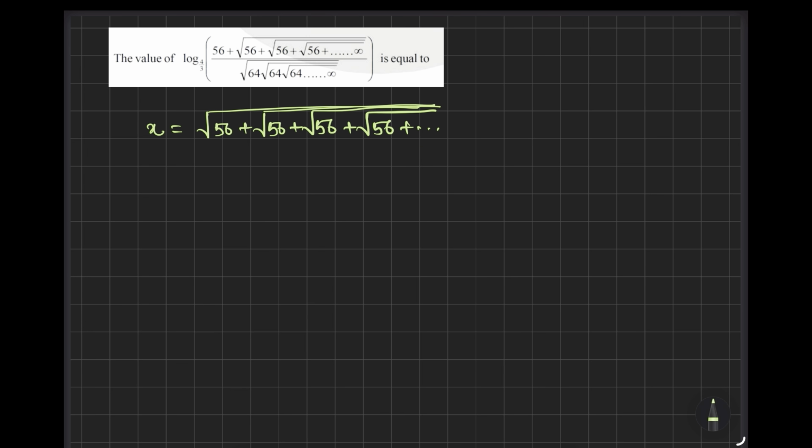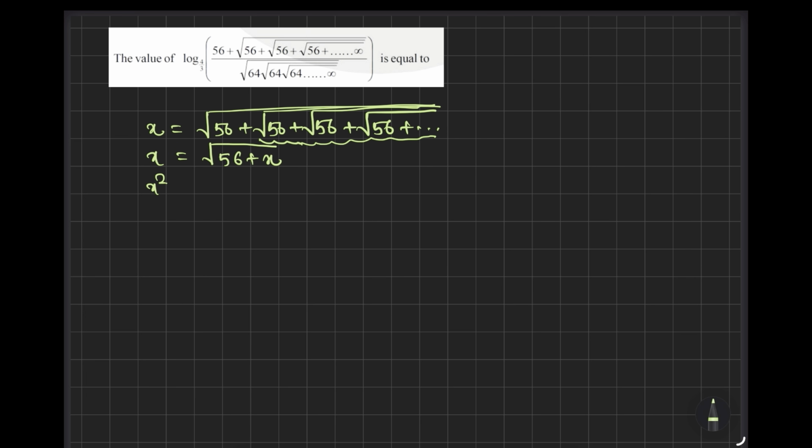Suppose x is root 56 plus root 56 plus root 56 plus root 56 till infinity. If you don't mind, can I write this part as x? So it will look like root of 56 plus x. Okay, now we will square both sides.